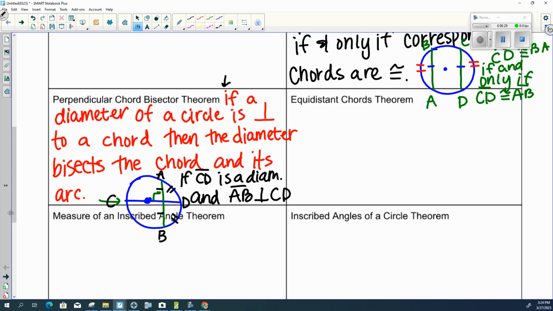If we've got a diameter and they're giving it a name and it's perpendicular to a chord, which we're giving a name, AB, then, I've got to name this too. A, B, C, D, let's see, E. Then AE is congruent to segment EB, and arc AD is congruent to arc DB. All right, I hope you have smaller handwriting, so push pause until you've written all that down.